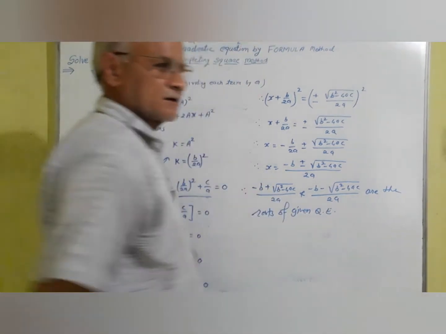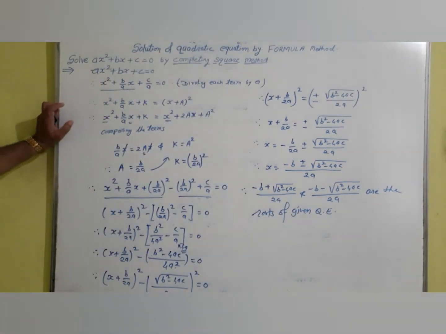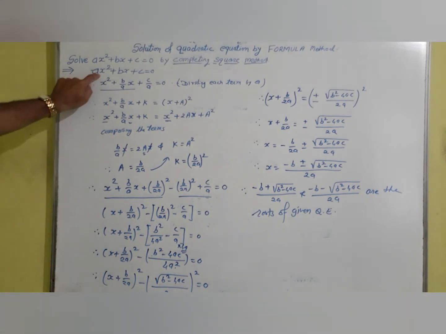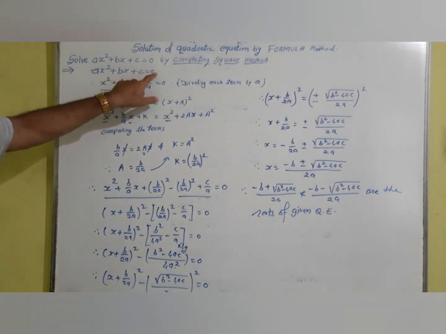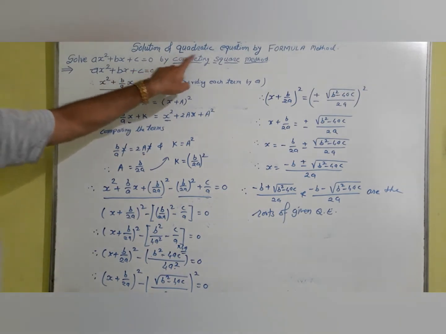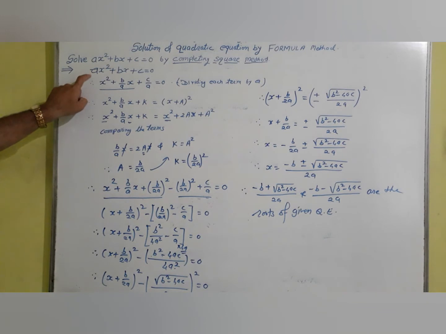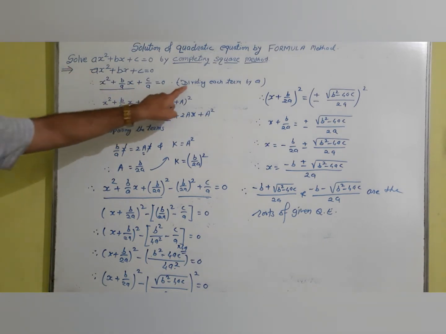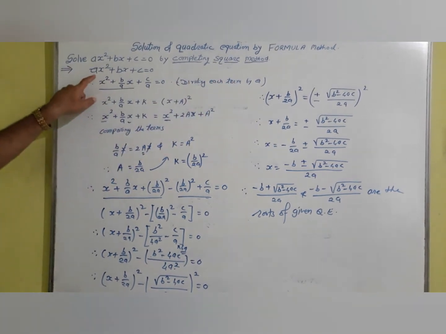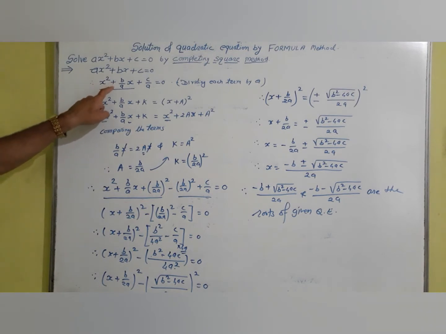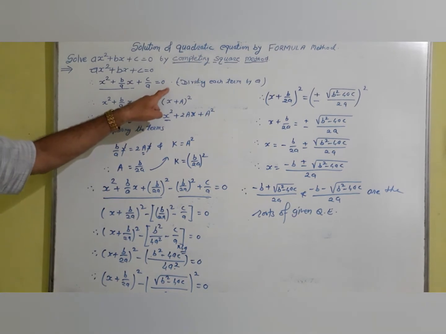quadratic equation. Once again we see here ax square plus bx plus c is equal to 0. And you know that by completing square method, the coefficient of x square will be equal to 1, and therefore dividing each term by a. Here we divide by a, x square plus b upon a multiplied by x plus c upon a is equal to 0.